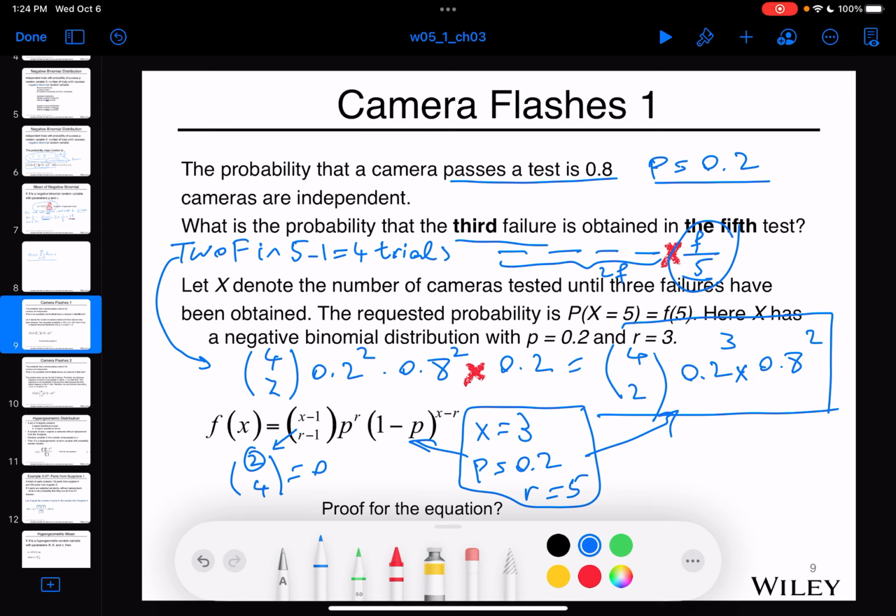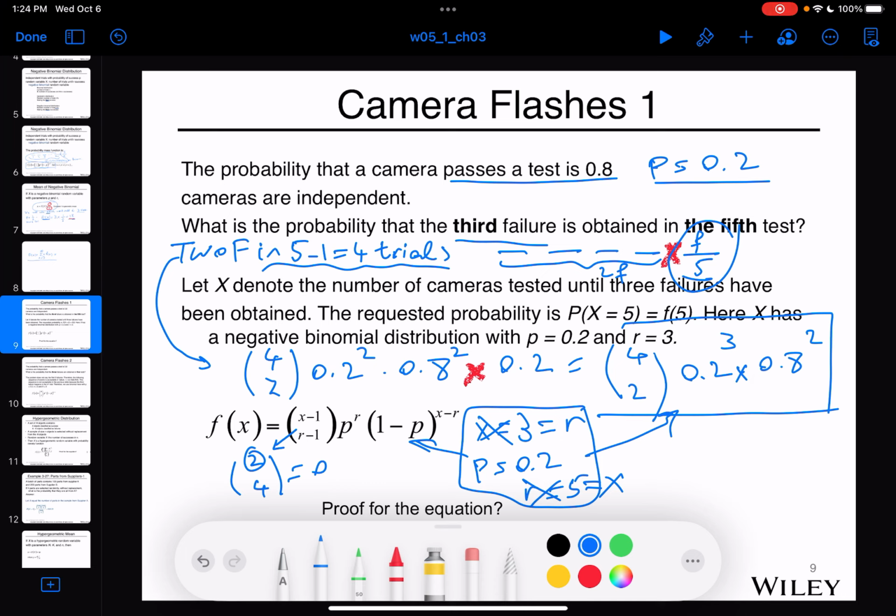So basically, my mistake was that this is R and this is X. And basically, my mistake was that since I did the binomial first, in the binomial, the number of successes is X. And I thought the same thing here, but they actually flip.